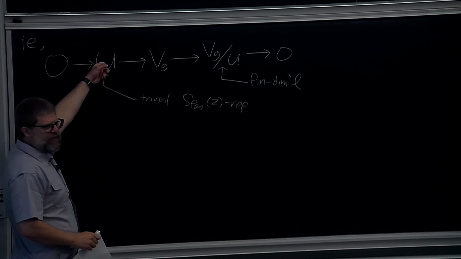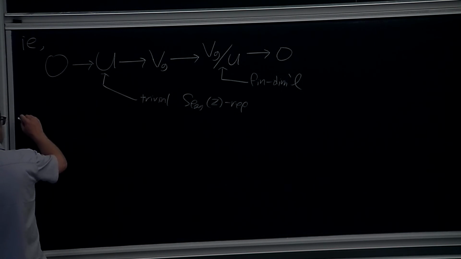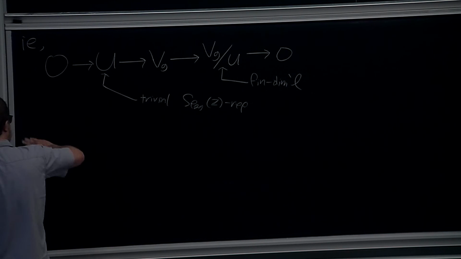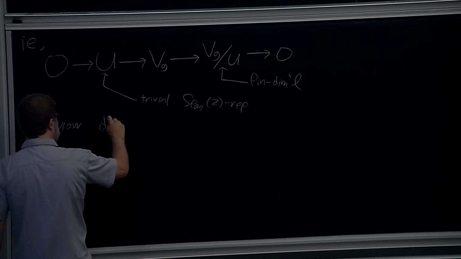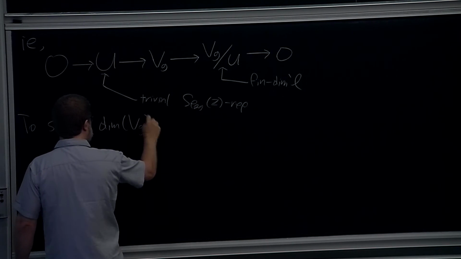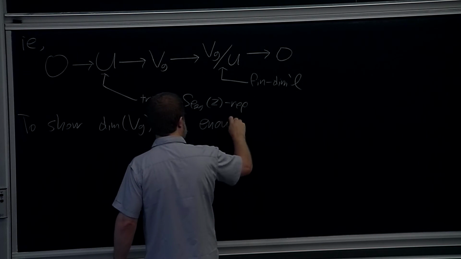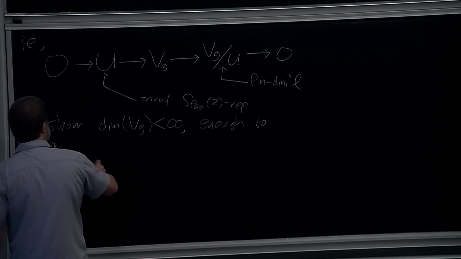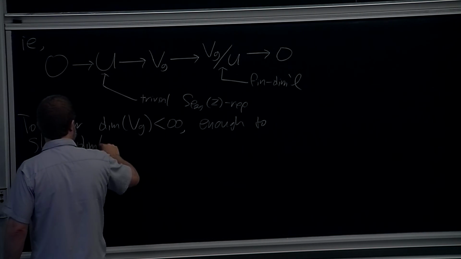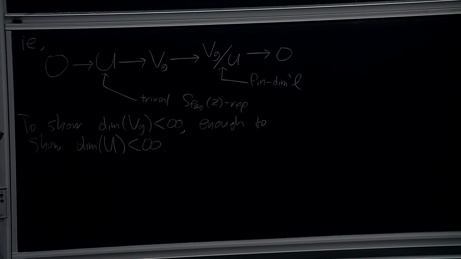This is trivial, and this is finite dimensional. So to show that the dimension of V_g is less than infinity, it's enough to show that the dimension of U is less than infinity.